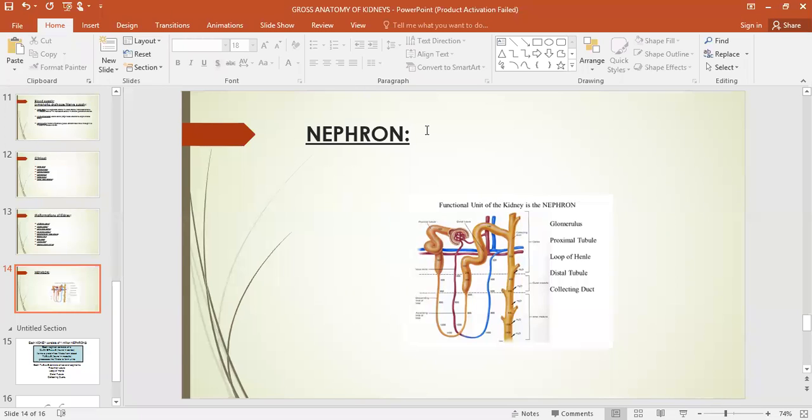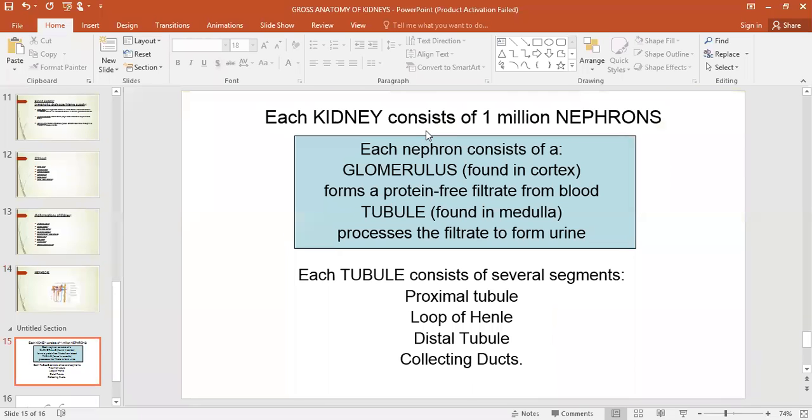During respiration, kidneys move about 1 inch or 2.5 centimeters. Okay, so this is all about the gross anatomy of the kidney. This is the nephron.